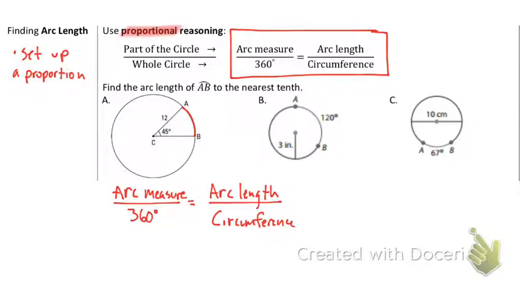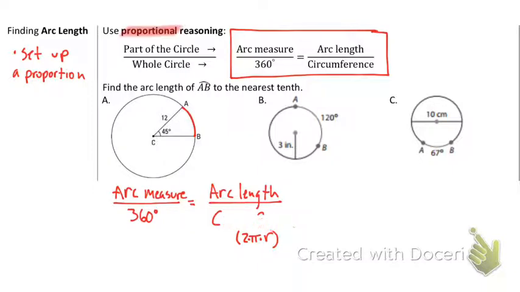Now we're going to start filling in the information we need. Before we put in the arc measure, we have to remember that circumference is really the formula 2 times pi times r. In order to find the circumference, we need to know the radius, and then we multiply this out.